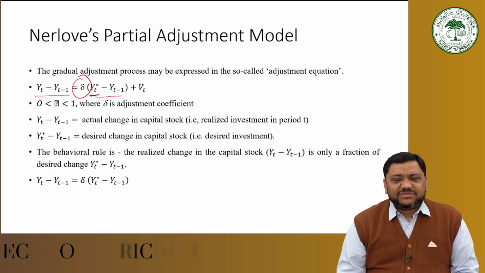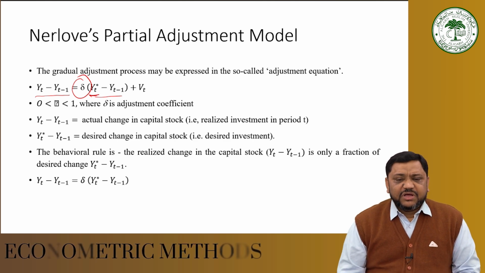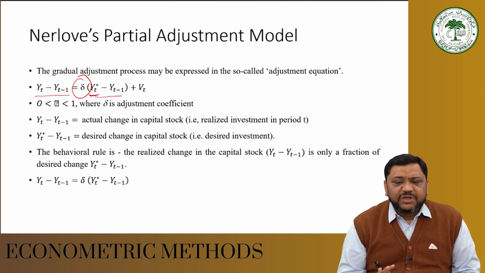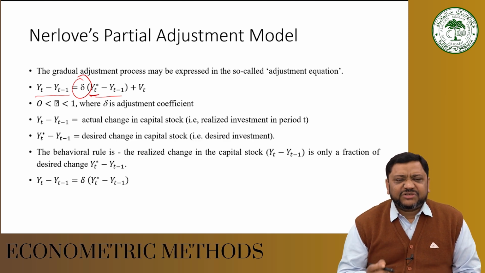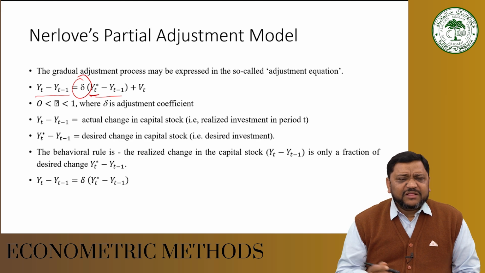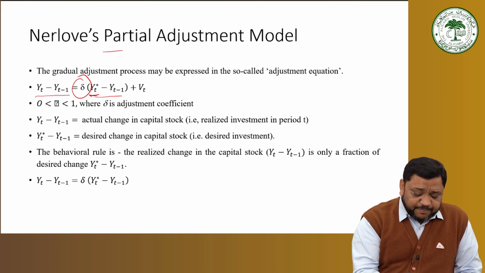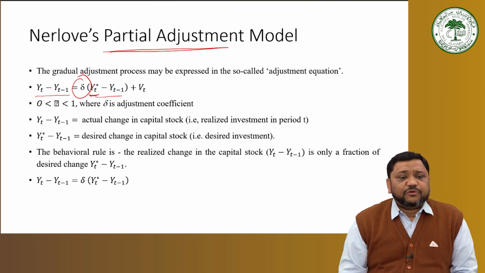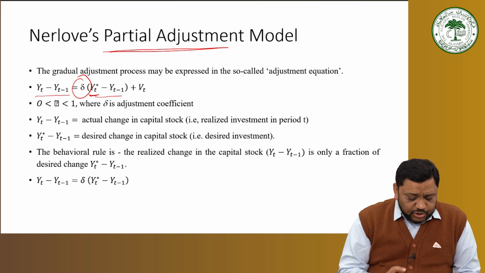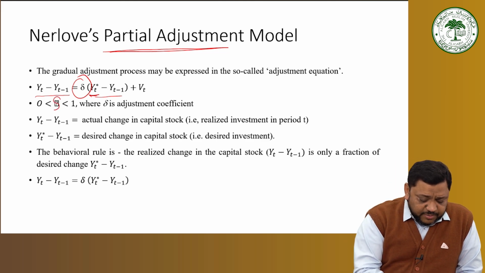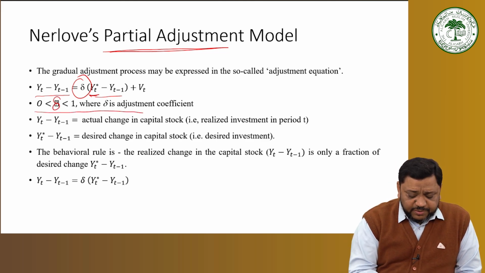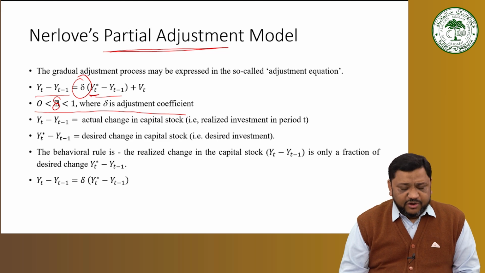But typically this gamma is expected to lie between these two extremes, since adjustment to the desired stock of capital is likely to be incomplete because of rigidity, inertia, and contractual obligations, and that is why we say there is a partial adjustment going on. So this value gamma should be greater than 0 and less than 1.